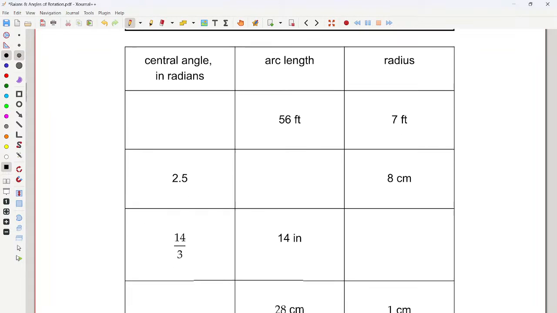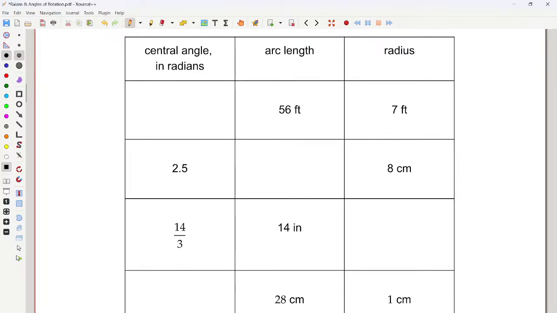So with no further ado, we haven't done any of these, right? All right, so obviously you see 3 columns here, and first column is titled central angle.